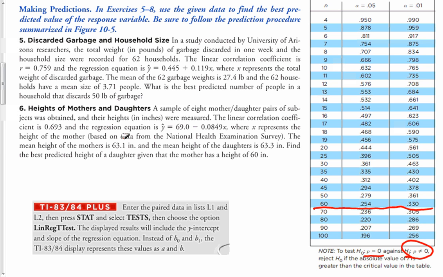Their heights in inches were measured. The linear correlation coefficient is 0.693 and the regression equation is y hat equals 6.9 minus 0.0849x, where x represents the height of the mother.